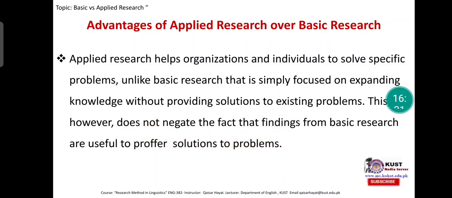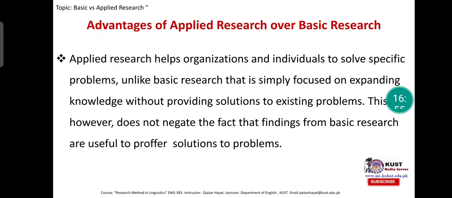Now, what type of advantage does applied research have over basic research? Actually, the main benefit of applied research is that it gives you results. If a problem is solved, definitely it worked. So if it worked in solving a problem, it has the advantage.